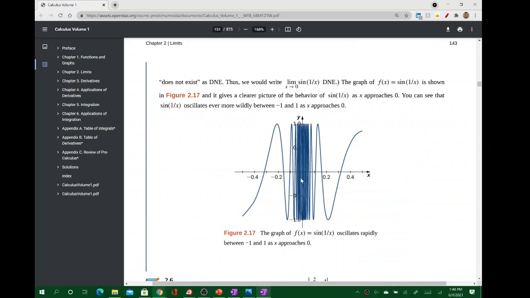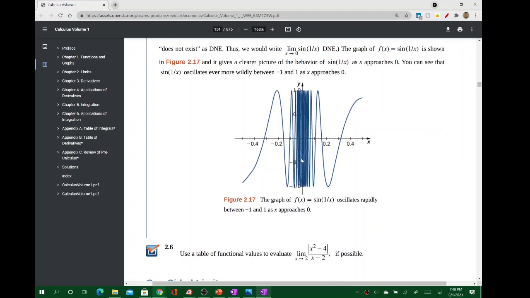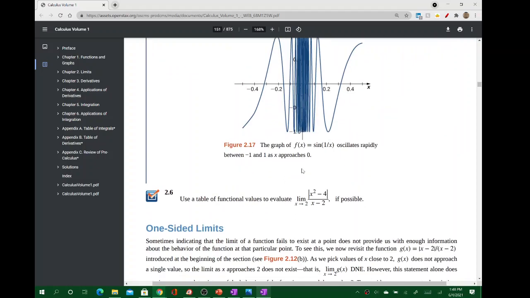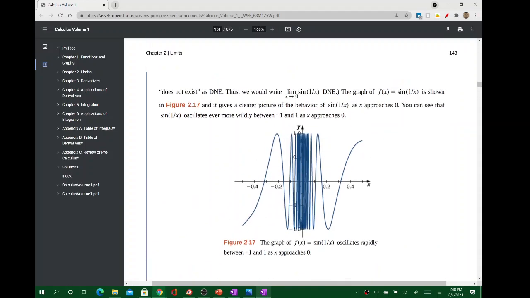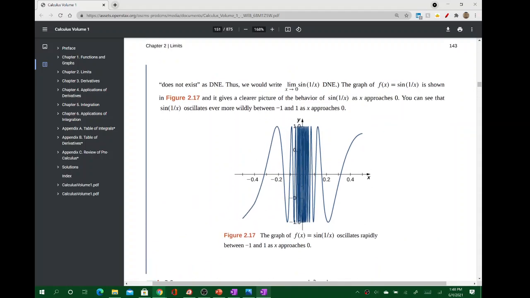That's why here it keeps going up and down, up and down, up and down. So it's like, what does it really equal to, right? It can't equal it. It's impossible. So the limit does not exist. Okay.